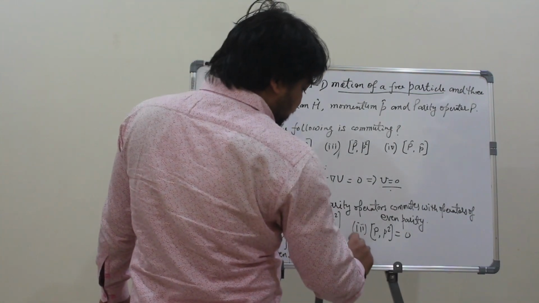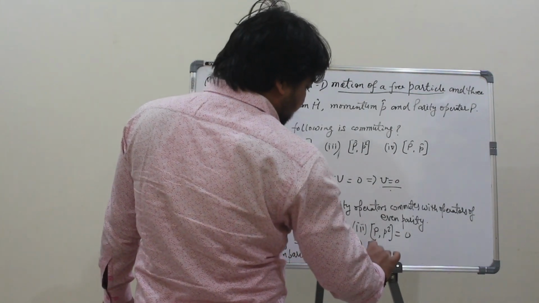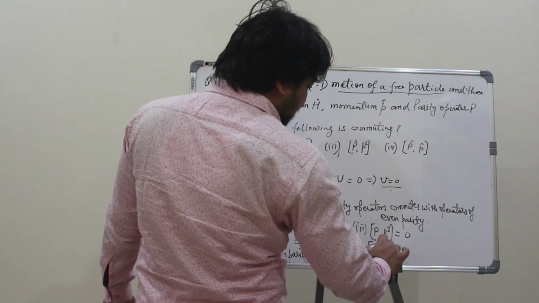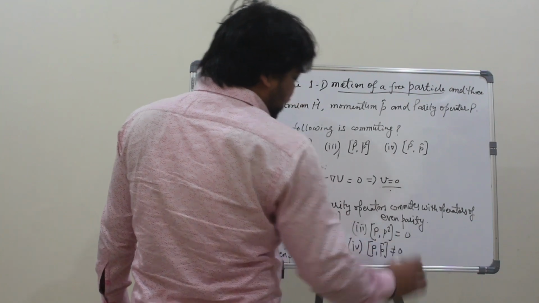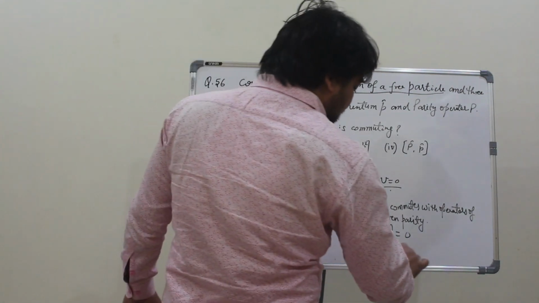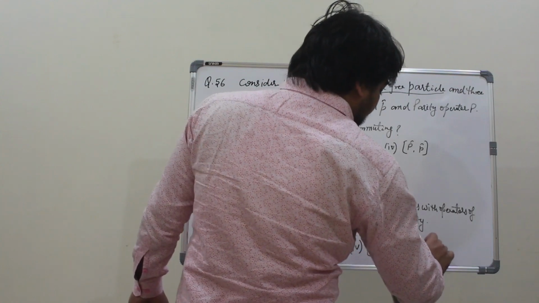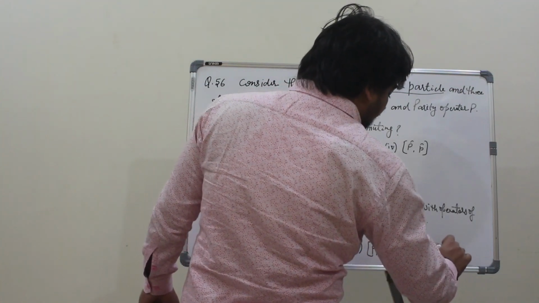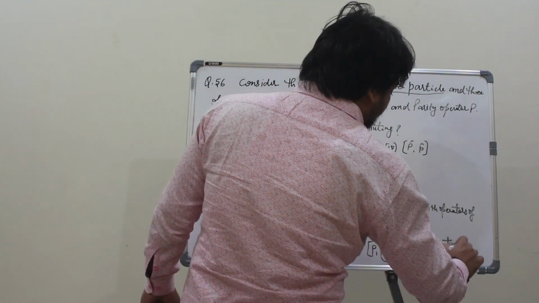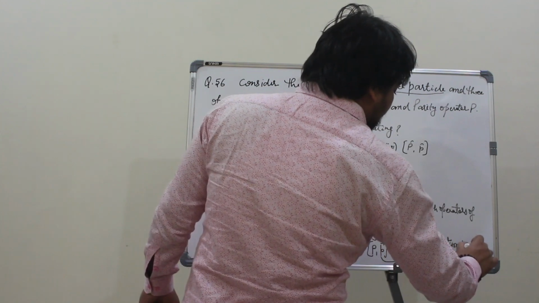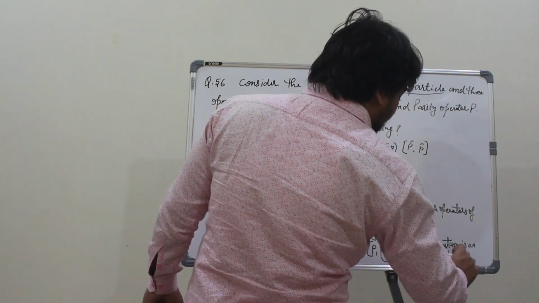But the fourth one, which is related to P, and parity is not 0. They are not commuting because P, the momentum is an odd parity operator. This result we have already discussed. Momentum is an odd parity operator.